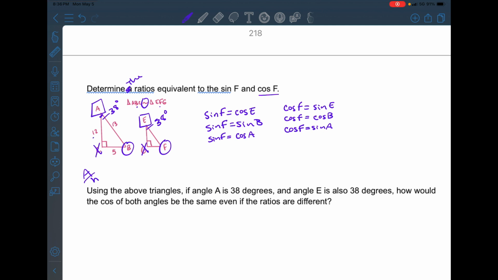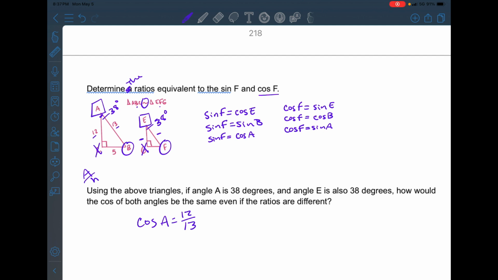So my adjacent is 12, my hypotenuse is 13. So the cosine of A equals 12 over 13. But look at this smaller triangle. This side is not going to be 12 and this side's not going to be 13. It's a smaller triangle. But they are similar. Okay? So the angles are still 38.